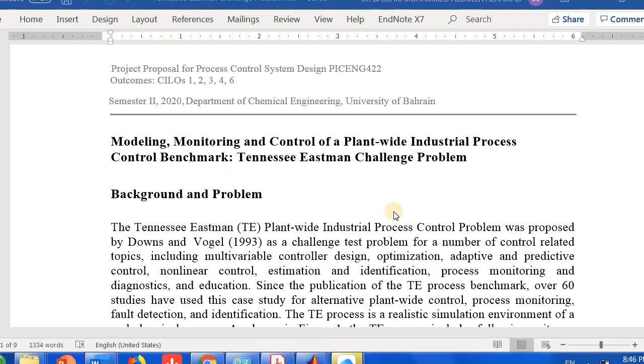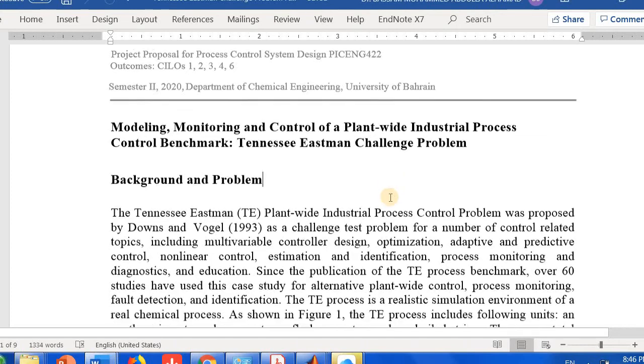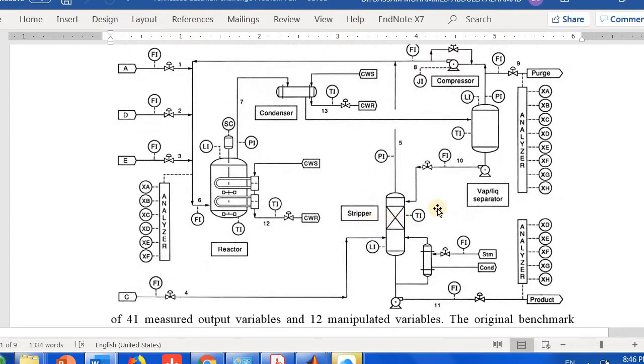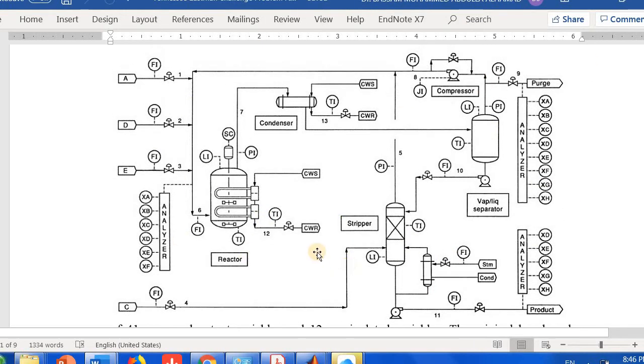Okay, so the Tennessee Eastman challenge problem. So what do we have here? We have a plant, which is the Tennessee Eastman plant, that you need to control. Okay, so what do you need to do? You need to control this plant. So what is this plant? Just a quick glimpse: you have three inputs, which are the feeds that enter the reactor, and after the reaction, and it's an exothermic reaction, so you need cooling.